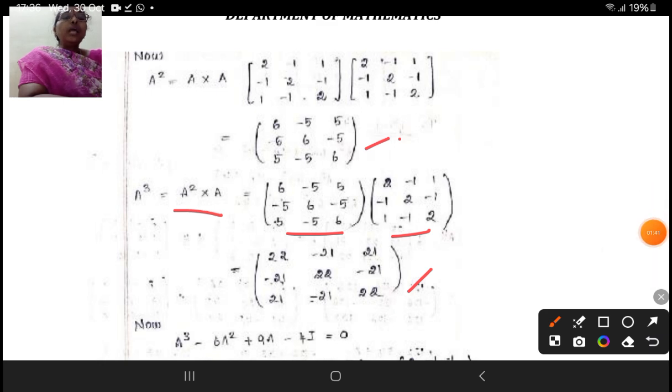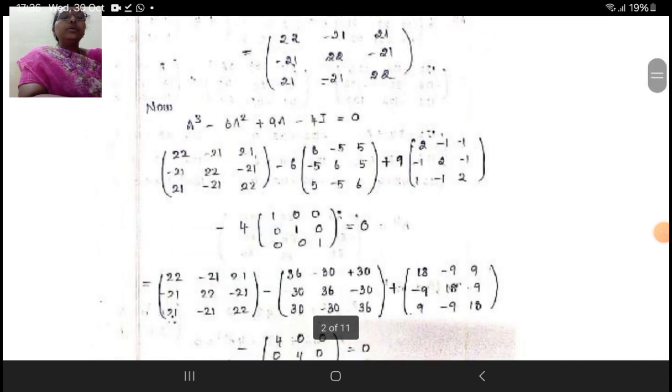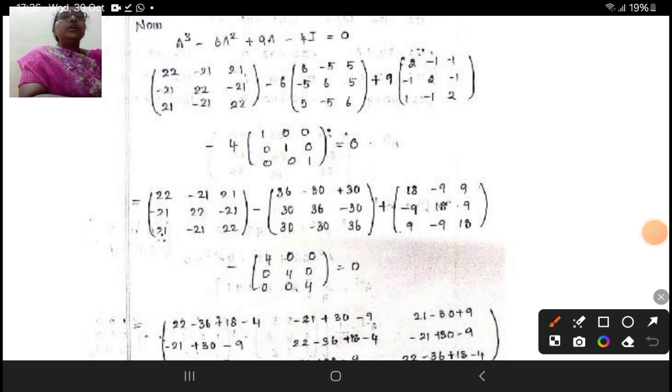After that, if you know these two values, we move on to the next step, calculating the verification part. Verification means writing the left hand side values: A cube minus 6 into A square plus 9 into A minus 4 into I. So we write all the values and then multiply, taking the constants inside and multiplying all the values.